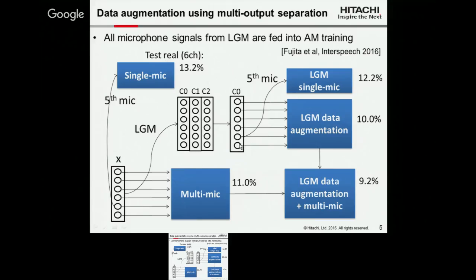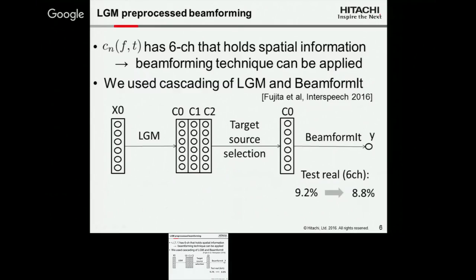Moreover, not only using the enhanced signal, but also using the unprocessed input signal, a total 12-channel signal is all fed into acoustic model training. This further improves the results. The second utilization of LGM is as a preprocessor for beamforming.